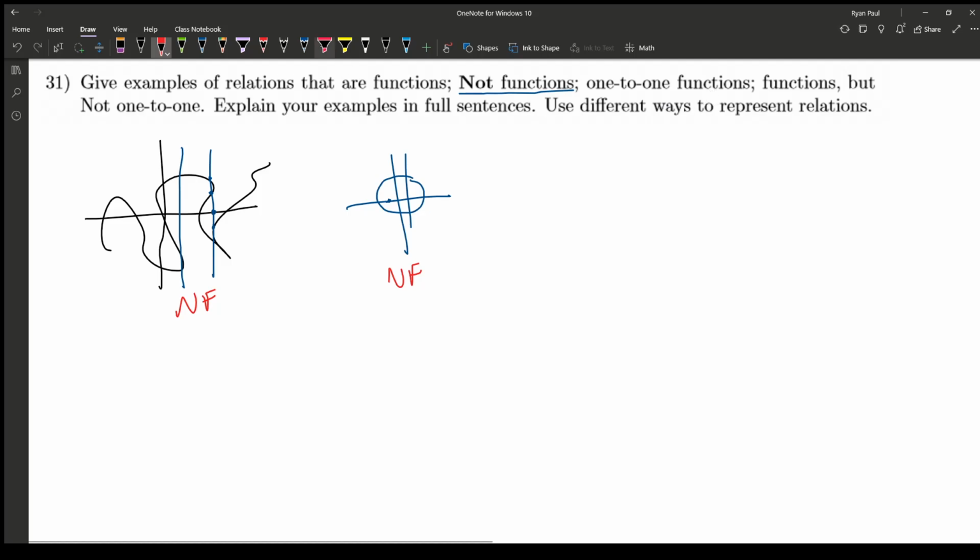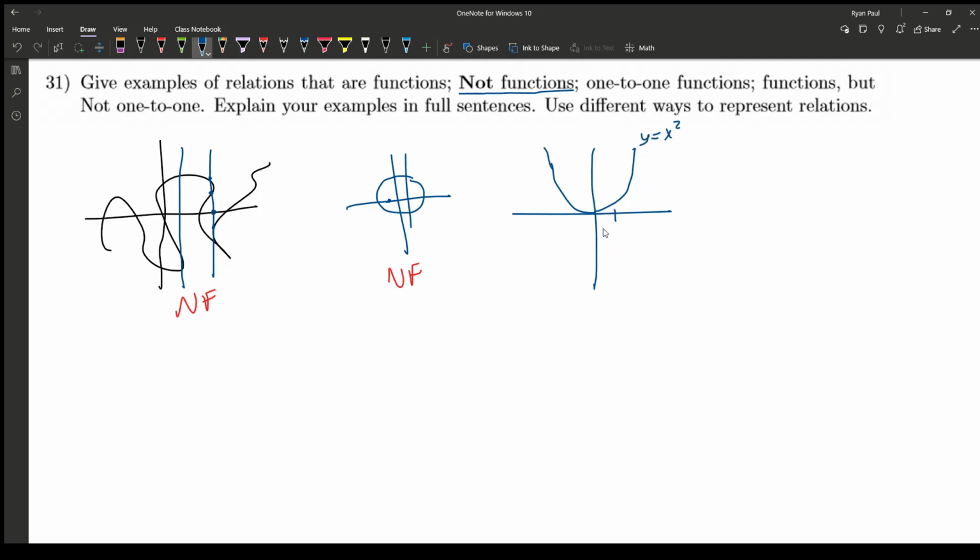One-to-one functions. Now, that means that a function, every x value has exactly one y value. Let me show you something that's not one-to-one first. So if we had a parabola, this is not one-to-one because, remember, a standard parabola is just y equals x squared, without anything.